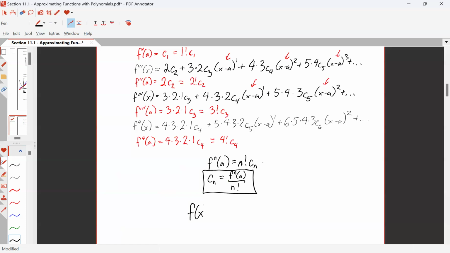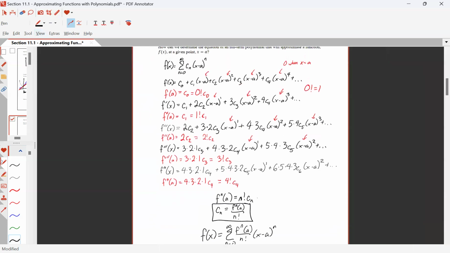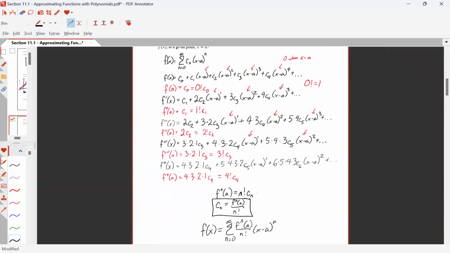So I can take a function and approximate it with a power series of f of n for a over n factorial x minus a to the n. And that is how I can find the power series that approximates the function.